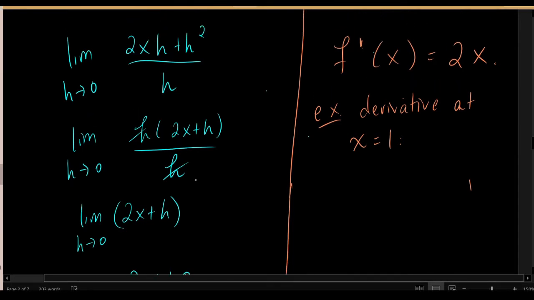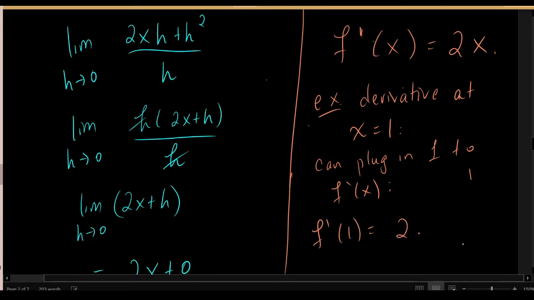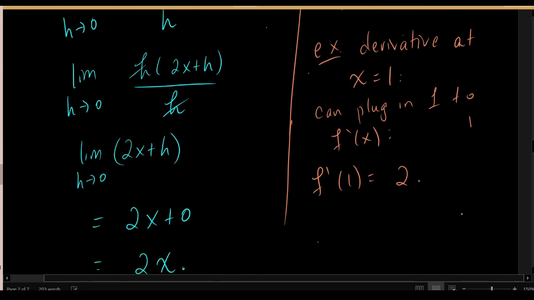If you want the derivative of the function at x equals 1, you can now plug in 1 to this formula. So the derivative of this function at x equals 1, the slope of the tangent line, would be 2 units.